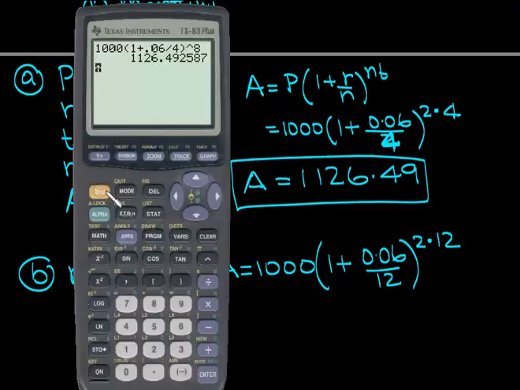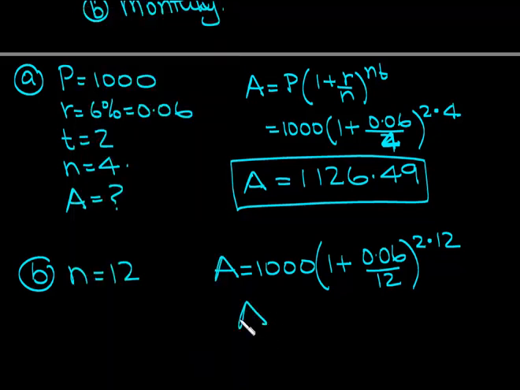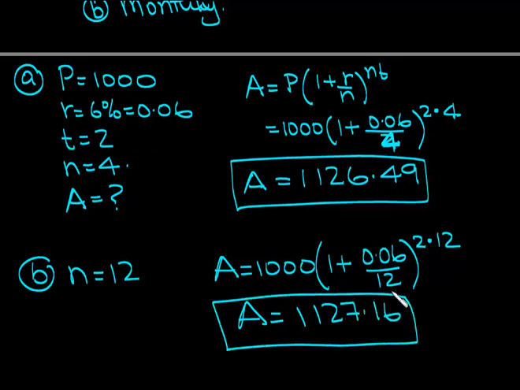I'm just going to use that formula again. 2 times 12 is 24, and instead of dividing by 4, we're going to divide by 12. We have $1,127.16. Okay, so that's how we use that formula.